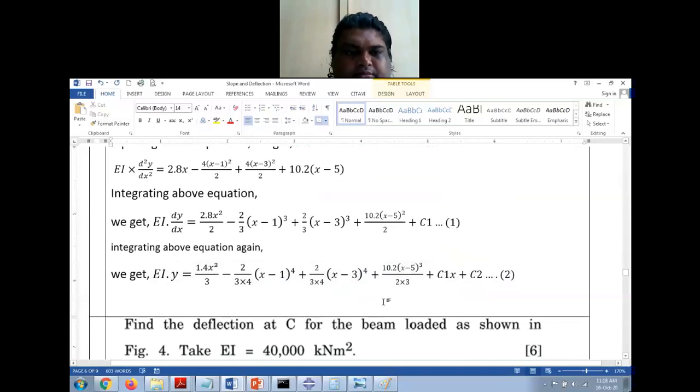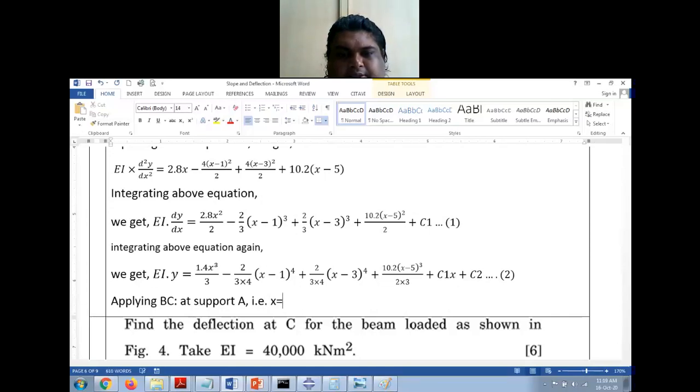Now, applying boundary condition at support A, that is x is equal to 0, y is equal to 0.